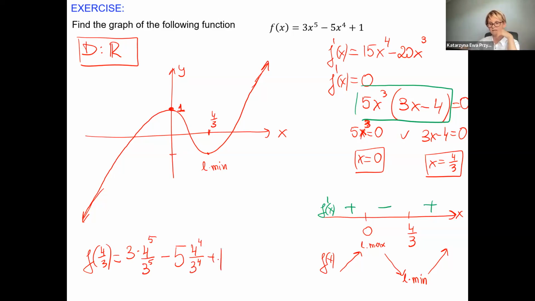Do you think it's negative? I think it will be negative because 3 is less than 5, and even if I say that 5 is 4 to the power of 5, this is smaller.